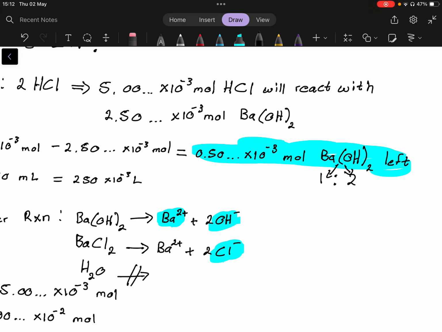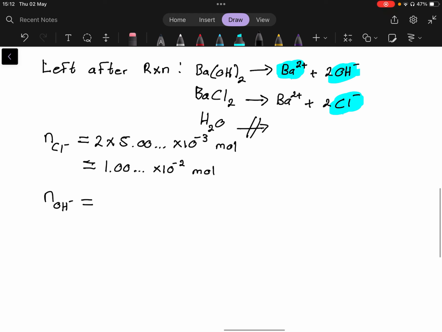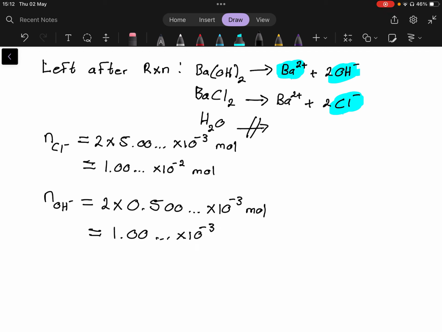So in other words, for every 1 barium hydroxide there needs to be twice as much hydroxide ions. In other words, number of moles of hydroxide will also be twice the number of moles, so 0.500 times 10 to the negative 3 mole. And that gives us 1.00 times 10 to the negative 3 mole hydroxide ions left after reaction.